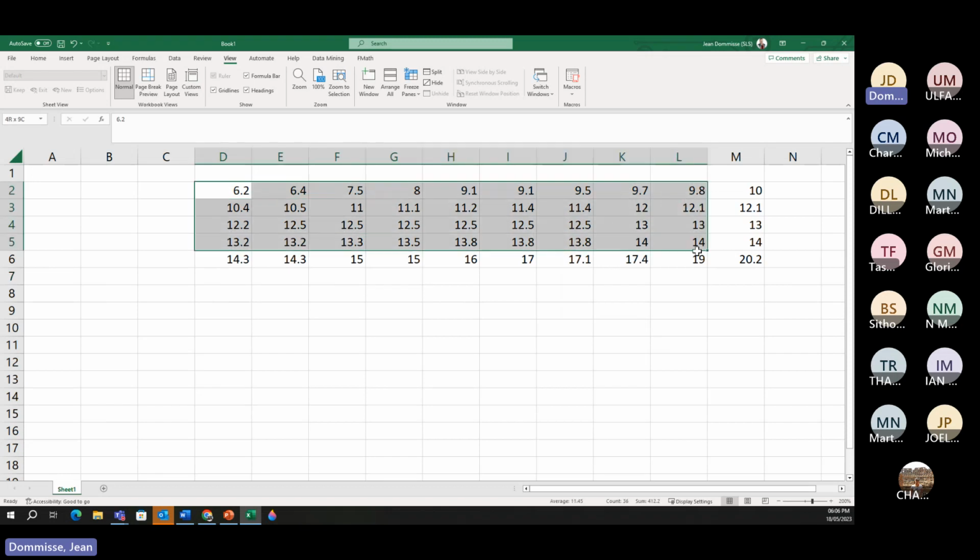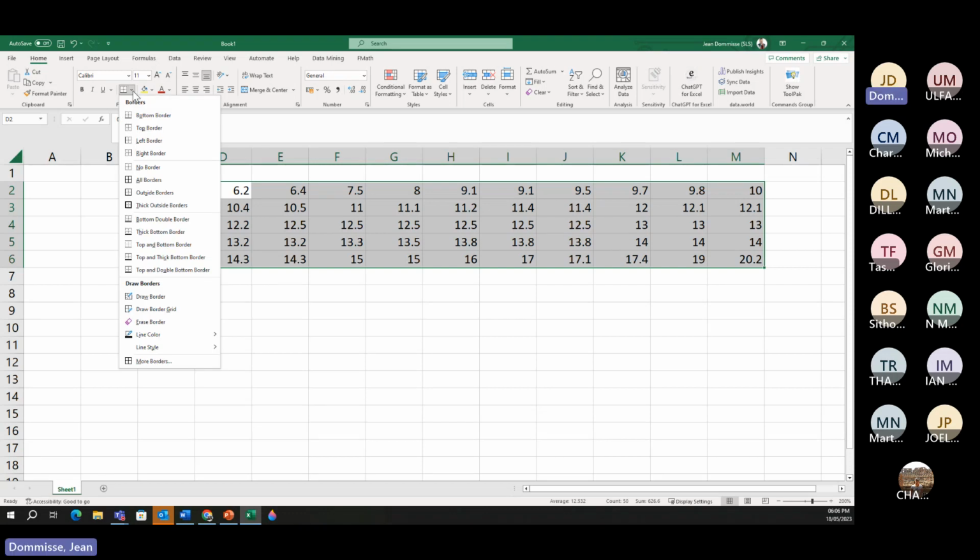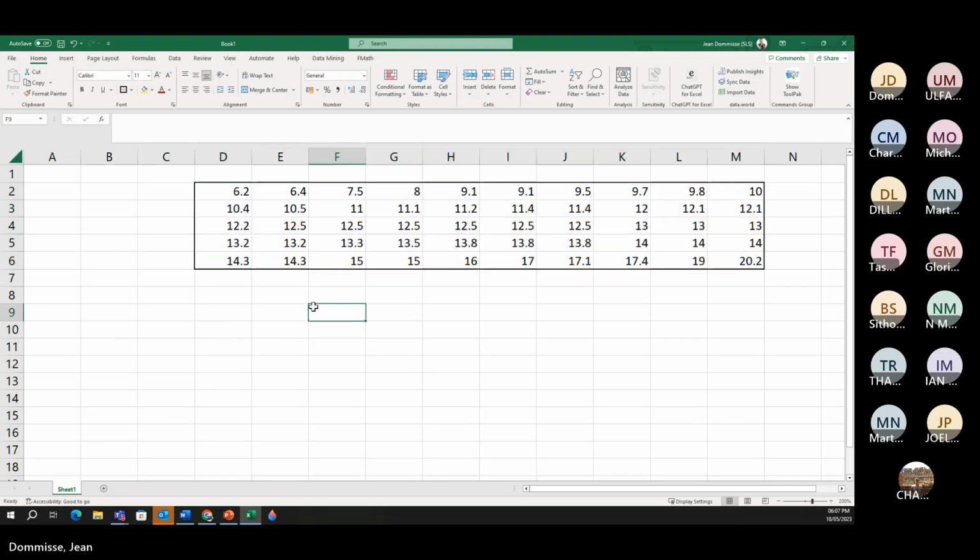Okay, so can you guys still see it? Just want to make sure that you can see the data in the table in Excel. Just give me a thumbs up if you can see it in Excel, and if I need to reshare.